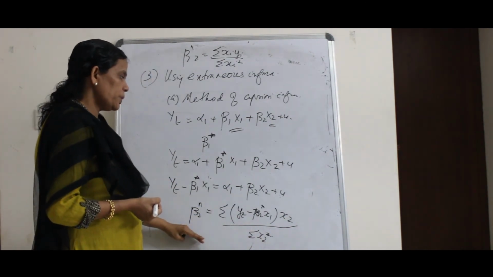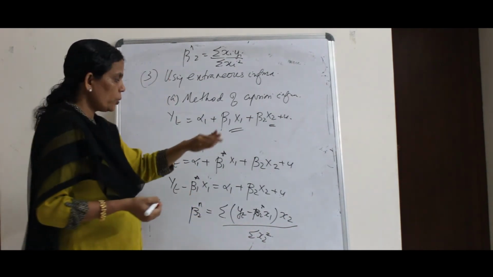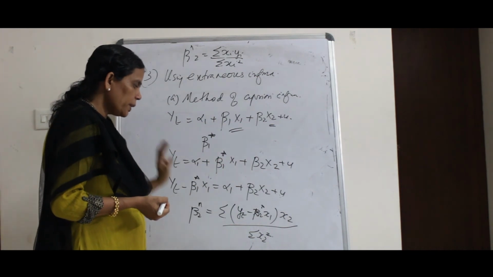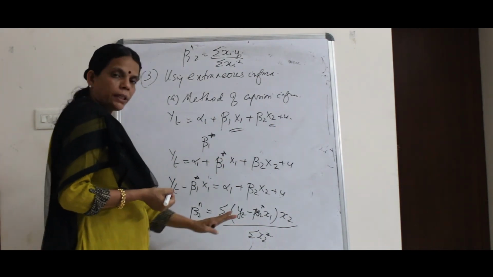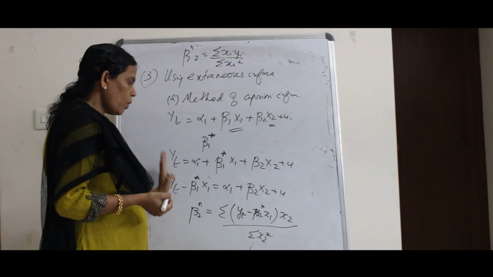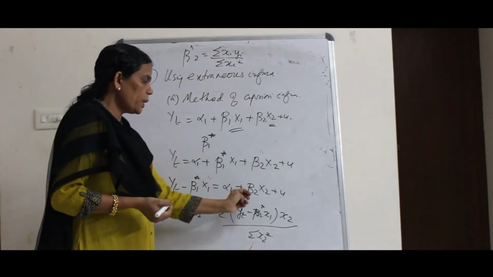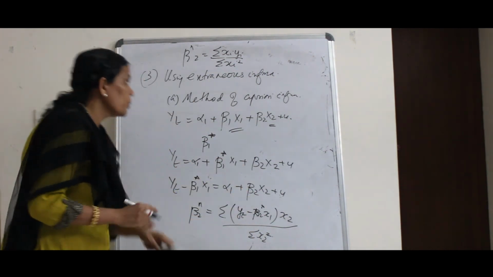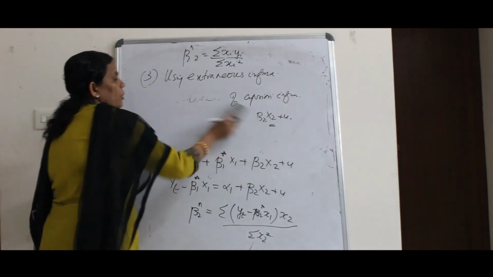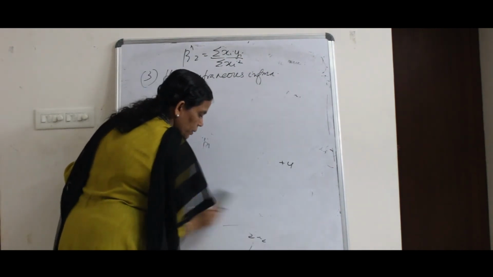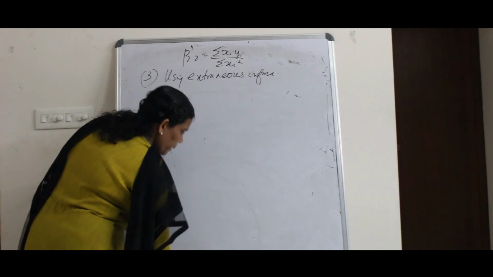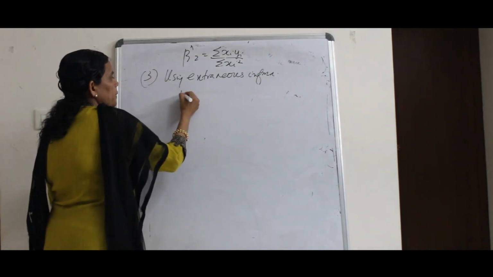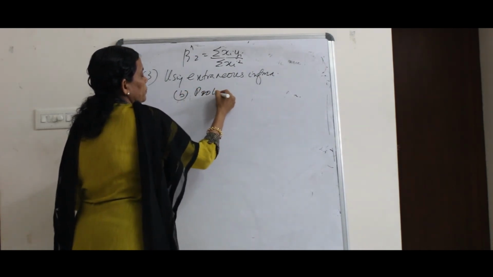So now you get beta 2 hat. From some previous study you have already obtained beta 1 hat, and you deduct its influence from the y variable, and then you can estimate the value of beta 2. That is the method of a priori information. The second method is by pooling cross-section and time series data.